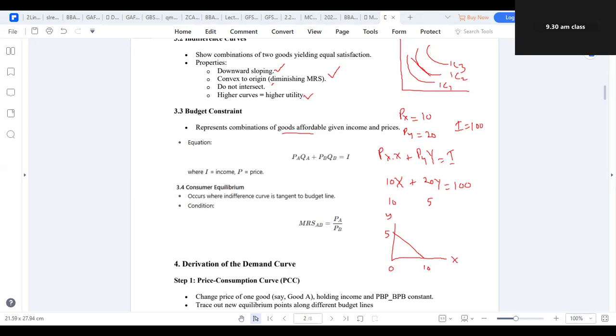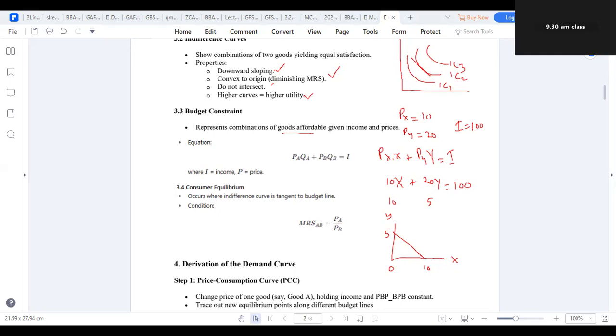So the budget line simply shows a combination of how goods can be spent. The budget line is very important because it shows the available combinations of two goods that a consumer can afford. The slope of a budget line is simply given by the price of good A over the price of good B. The slope shows you the ratio of two goods.